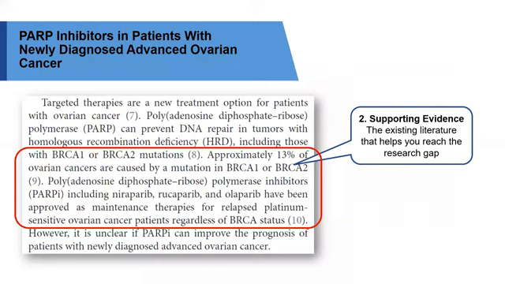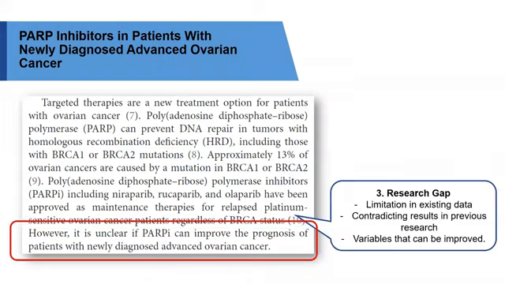And they began mentioning that PARP inhibitors, including the three drugs that they're going to talk about, which are niraparib, rucaparib, and olaparib, have been approved as maintenance therapy for relapsed platinum-sensitive ovarian cancer patients, regardless of the BRCA status. So they are supporting the claim with existing literature and facts that help reach the research gap.